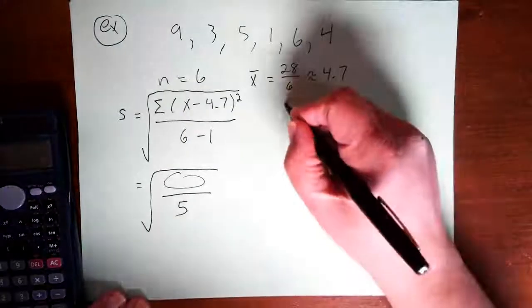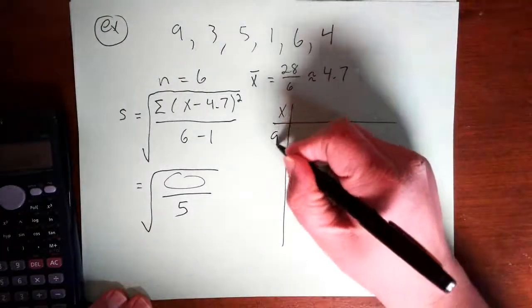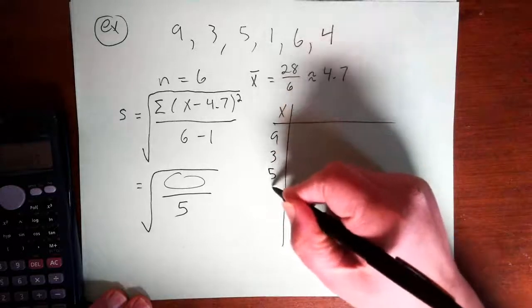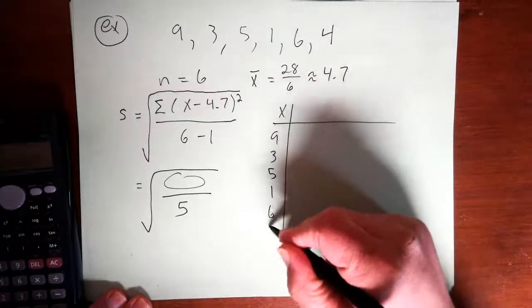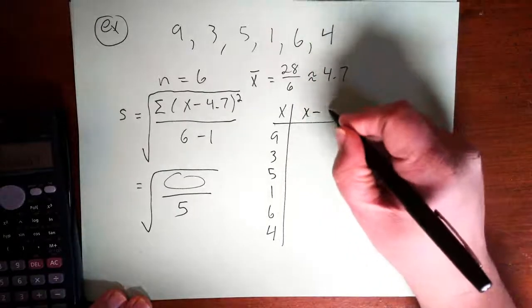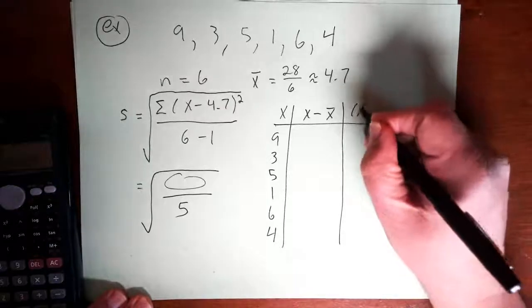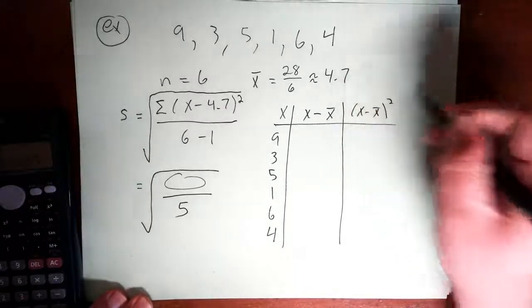And so now I make my table, and I've got 9, 3, 5, 1, 6, 4. This is going to be x minus x bar, and this will be x minus x bar quantity squared.